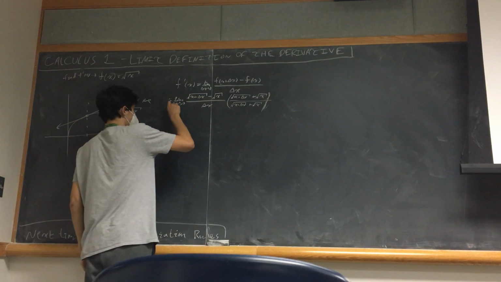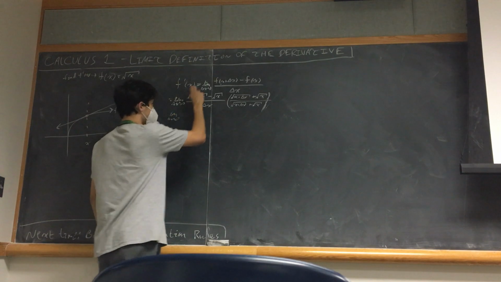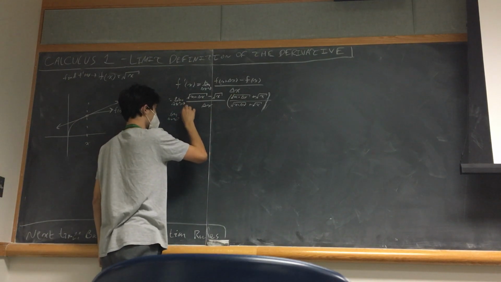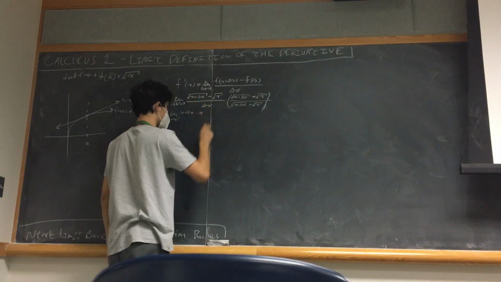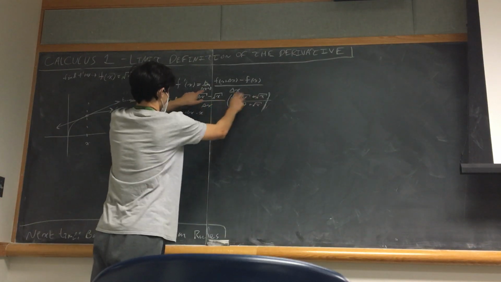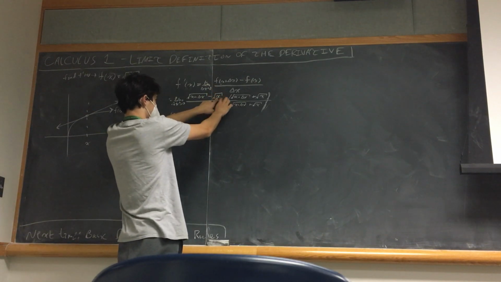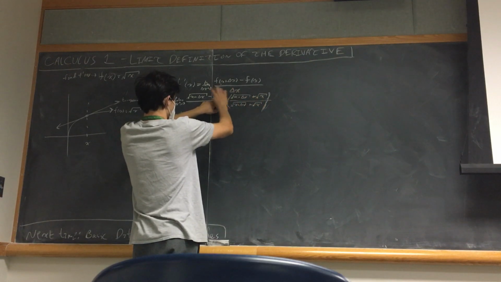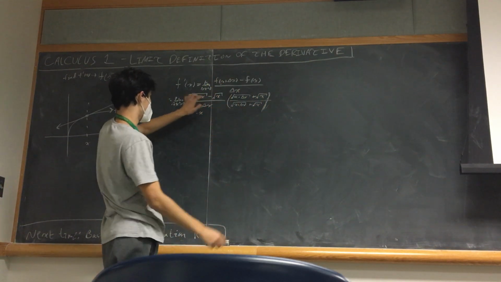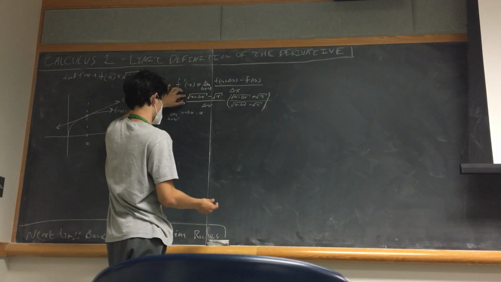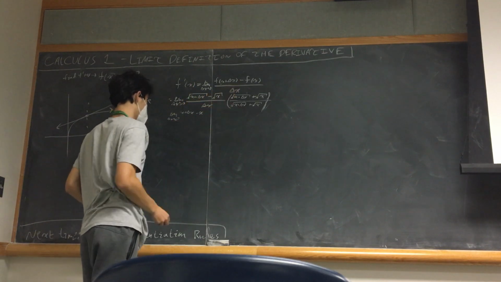So this gives us the limit as delta x approaches 0 of x plus delta x minus x, and that's because these middle terms cancel out, and negative square root of x times positive square root of x would be negative square root of x squared, which is negative x, and then positive square root of x plus delta x times positive square root of x plus delta x would eliminate the square root.